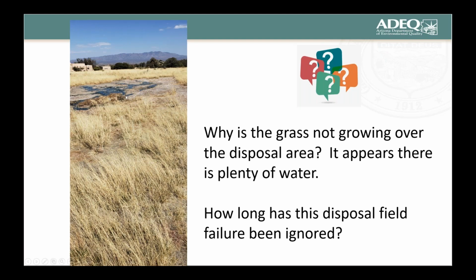They didn't correct the root problem. You shouldn't have this growing on the surface. They've just been sprinkling the calcium hypochlorite, which is also a big deterrent for grass growth. So my guess is it's been a while, and the calcium hypochlorite is probably the reason why there's no grass growing there.